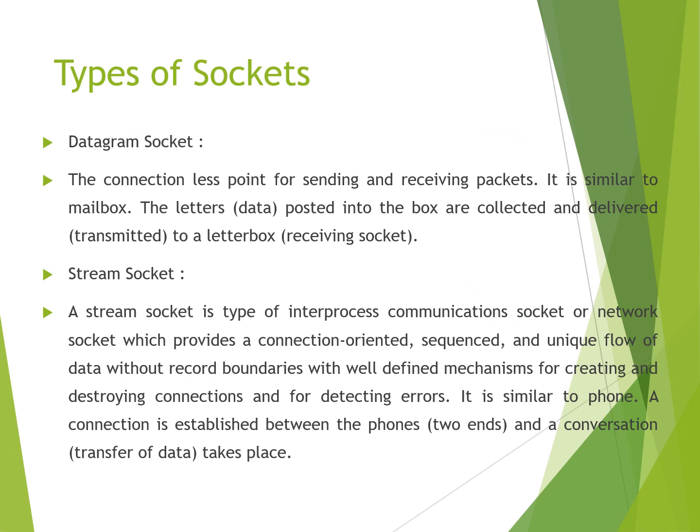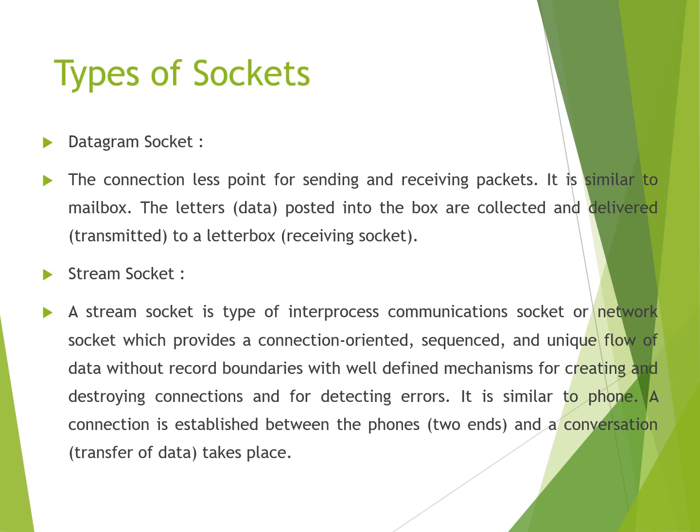So we have two types of socket here. The first one is the datagram socket and the second one is the stream socket. A datagram socket is a connectionless point for sending and receiving packets. It is similar to a mailbox: letters are posted into the box, collected and delivered to a letter box. That is called the socket concept.